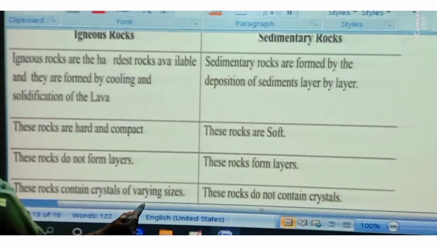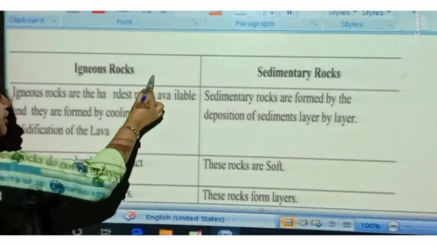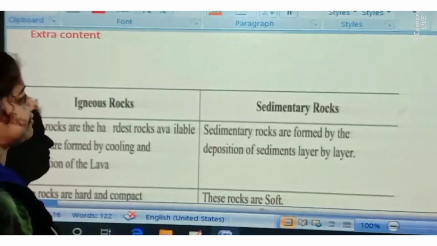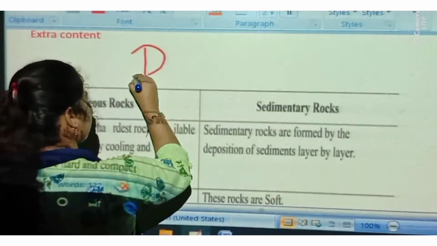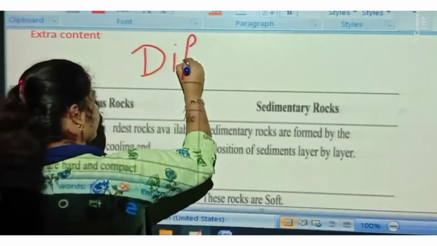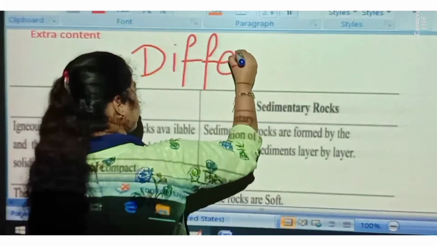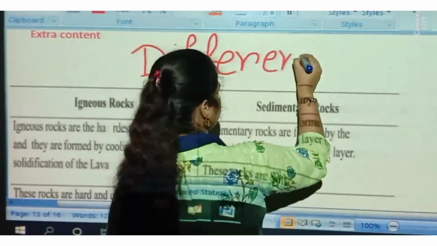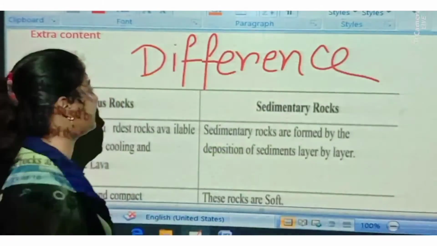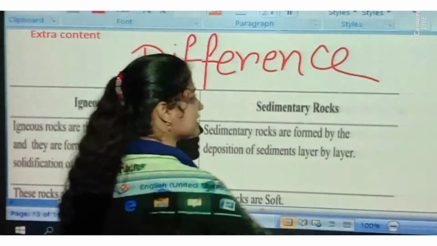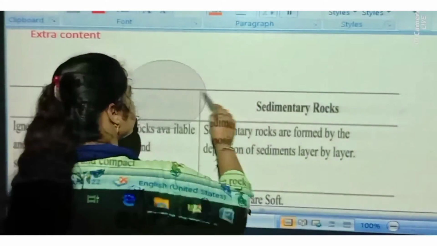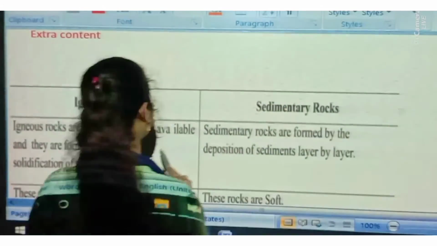If we talk about the difference between igneous and sedimentary rock, what characteristics do these two have?